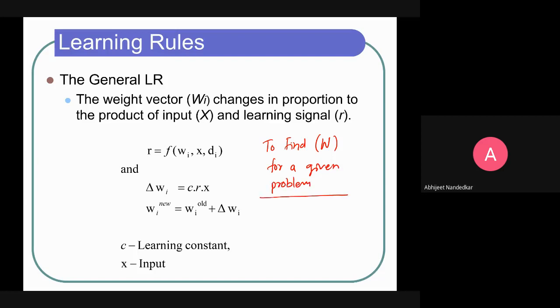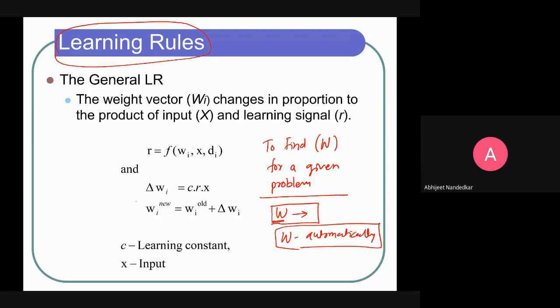So this will automatically find out what the W vector should be so that your problem is solved. In the earlier case, this W was obtained with the help of your own knowledge. But I want to obtain this W automatically. So this is the main aim behind proposing these rules.